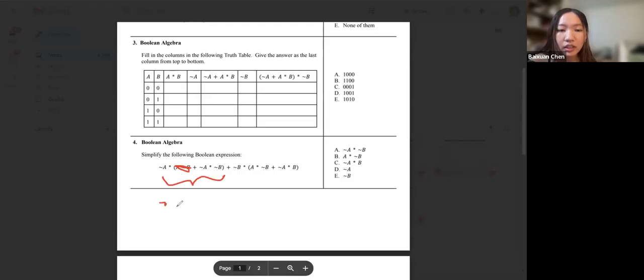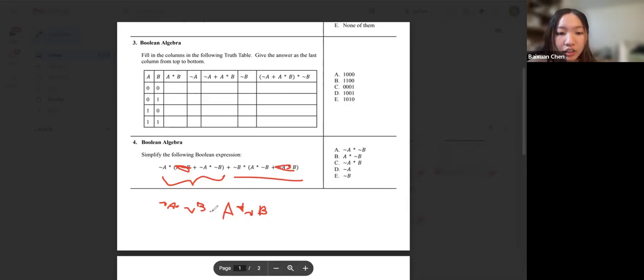So this whole not B. And then this part of the expression, similarly, we can eliminate the not B times B. And then it just turns into A times not B. Then you can use the distributive property and reverse it.